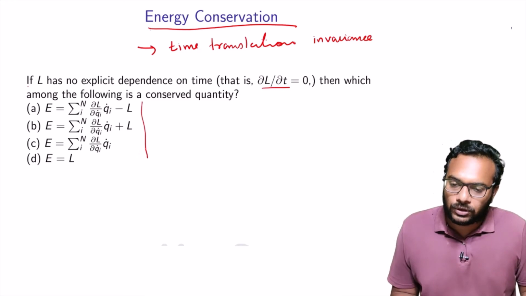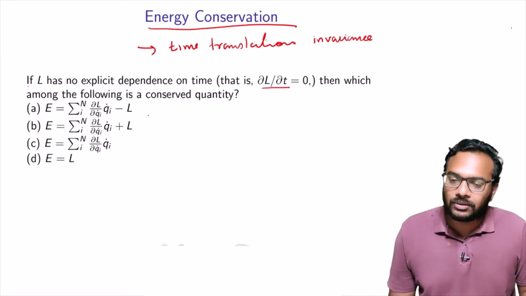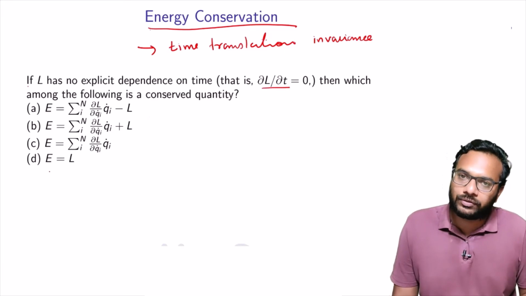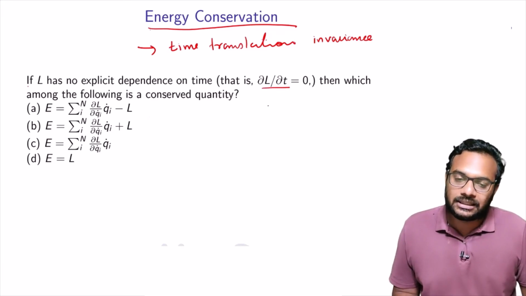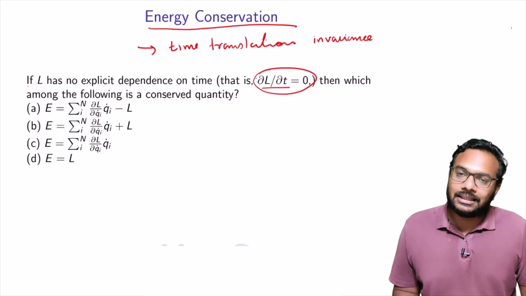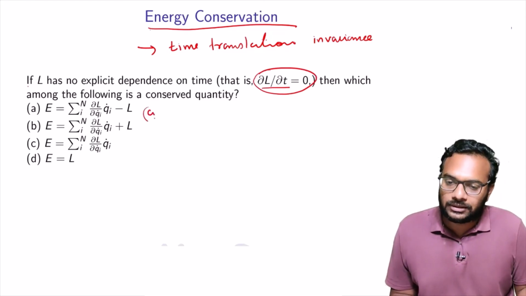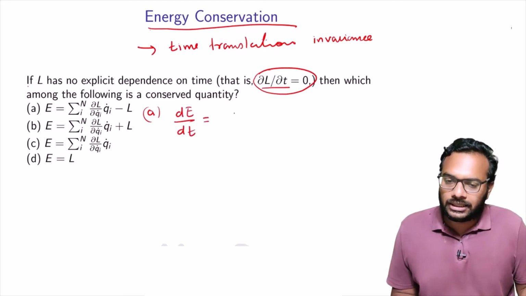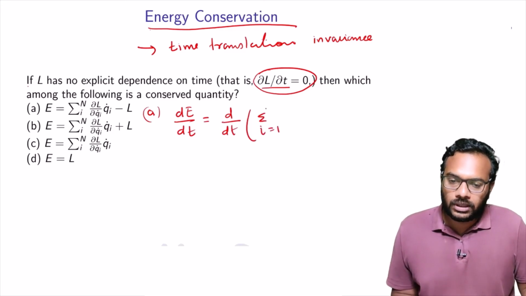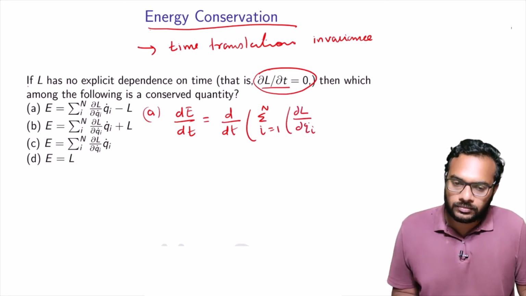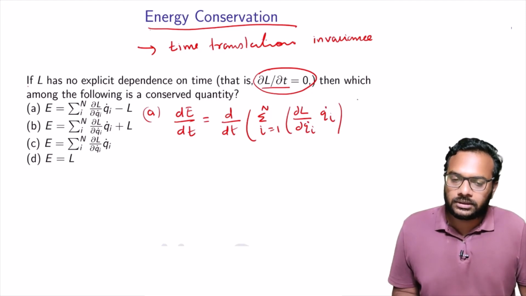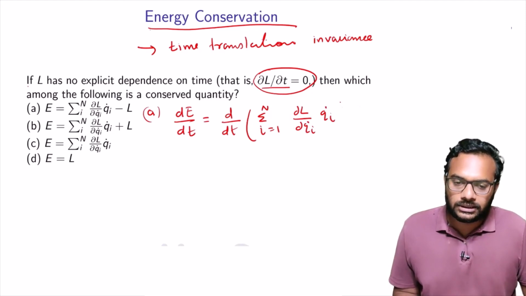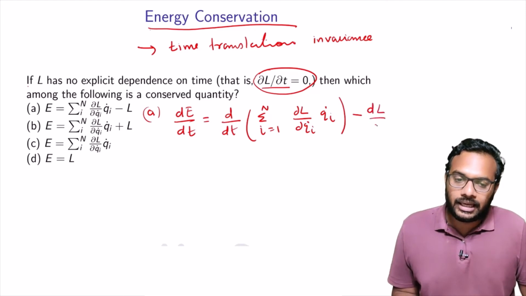If you don't know exactly which is the conserved quantity, the only thing we have to do is take the time derivative of each of these quantities and check if it is equal to 0, provided this condition is satisfied. We can check dE/dt for the first quantity, and we'll get d/dt of the summation from 1 to n of, here we have, q̇i, minus ∂L/∂t.